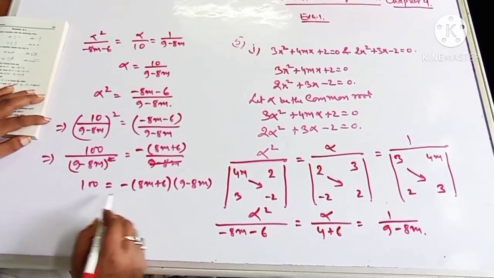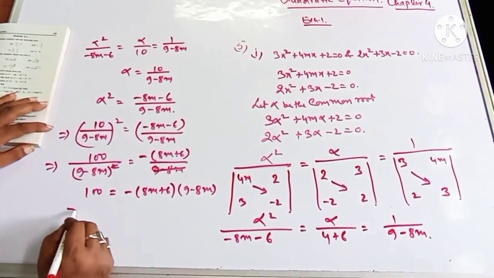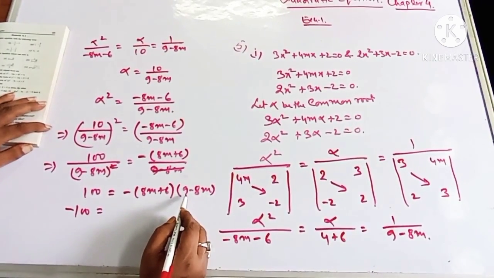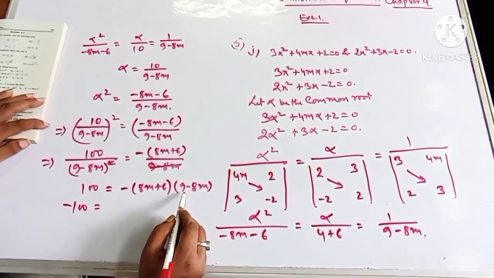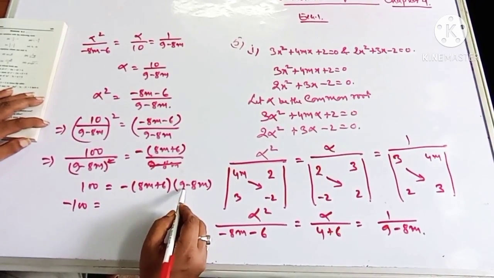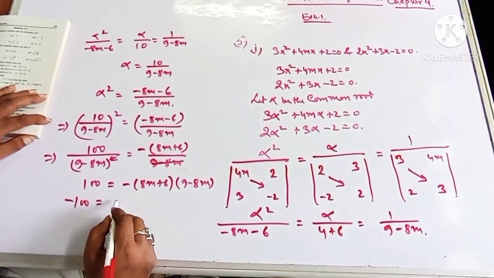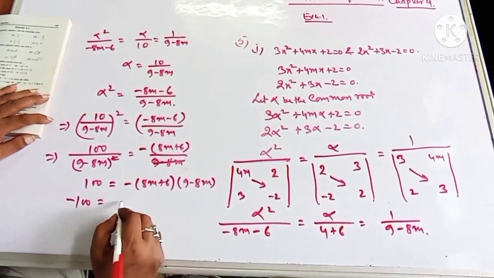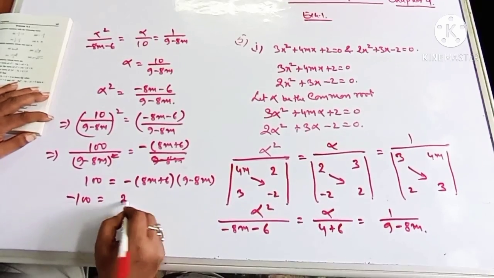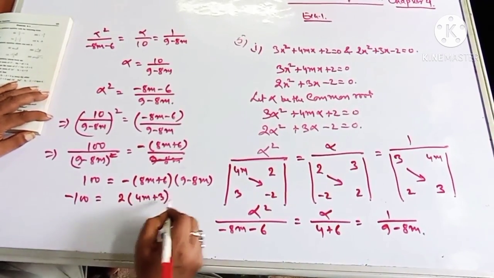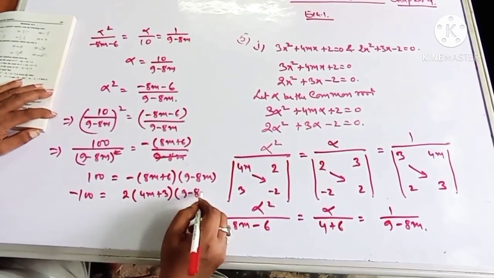Let me take the minus sign here, minus 100. Let me take a 2 common out of here, so that it will be easier for calculation. So this will be 4m plus 3 and 9 minus 8m.